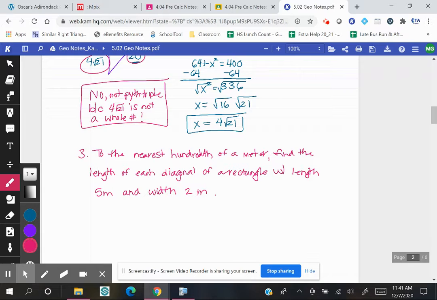So let's first start, like we do with any problem that we can, is by drawing a picture.